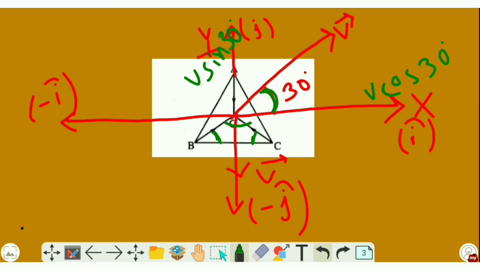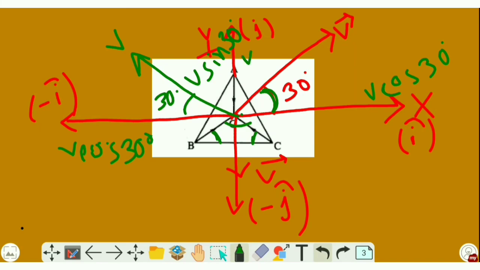Now when the particle is moving along C to G, this is also 30 degrees, so this is v cos 30 degrees and there is v sin 30 degrees. So v cos 30 degrees cancels out.